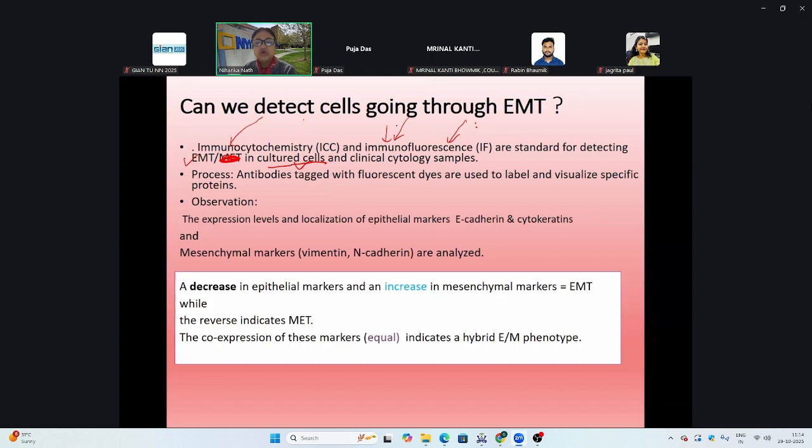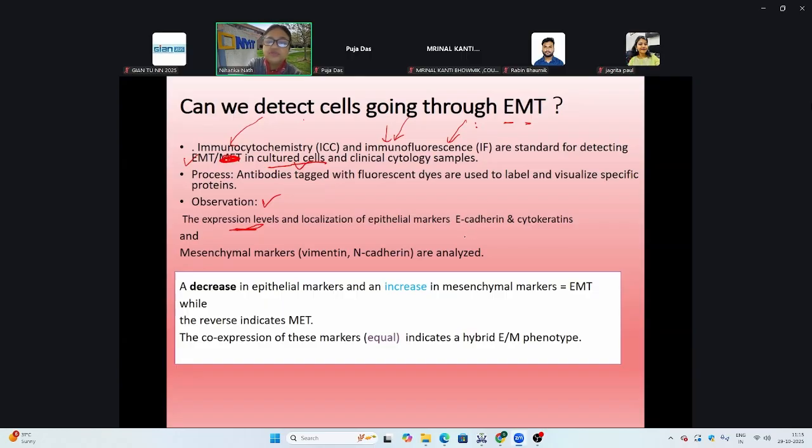What can you find when you look for E and M, epithelial and mesenchymal? What you're looking for, by doing immunocytochemistry or immunofluorescence, any one of them, is the expression level. Expression means how much of a protein is made inside a cell.